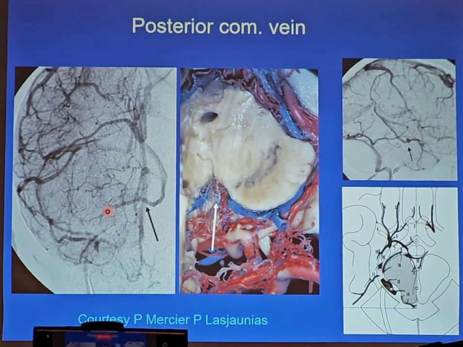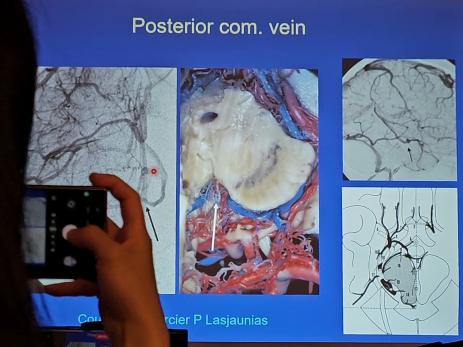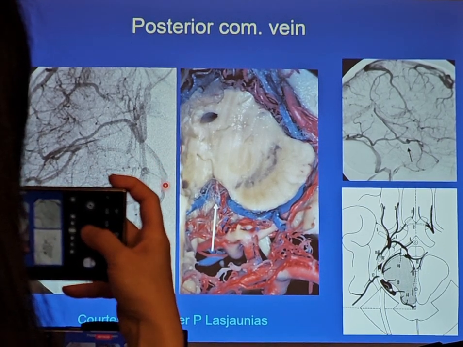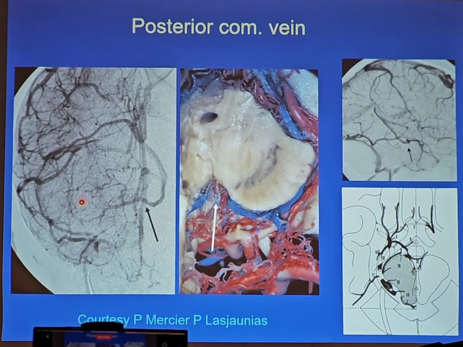But sometimes you can see that one side actually drains across this posterior communicating vein towards the opposite side. And so if there's a problem with this vein further downstream, it will express itself as clinical symptoms on the opposite side. So always be aware that veins can do that.